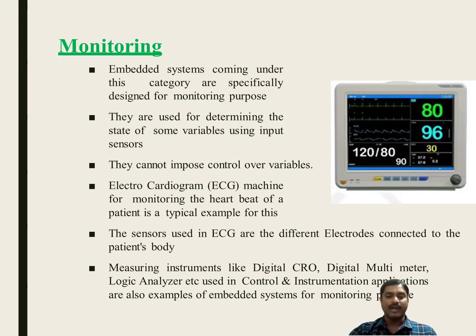For monitoring, an electrocardiogram machine, used for monitoring the heartbeat of a patient, is a typical example. The sensors used in ECG are different electrodes connected to the patient's body. After connecting the ECG to the patient's body, it monitors the heartbeat of the patient.